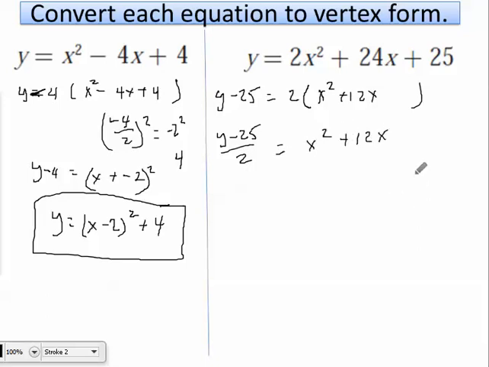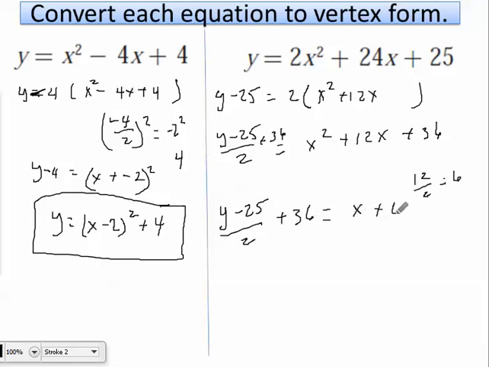Let's see here. 12 over 2 is equal to 6. Squared is 36, so I'm going to add 36 on this side and add 36 on this side. So what am I going to get? I'm going to get y minus 25 over 2 plus 36 is equal to x plus 6 quantity squared.